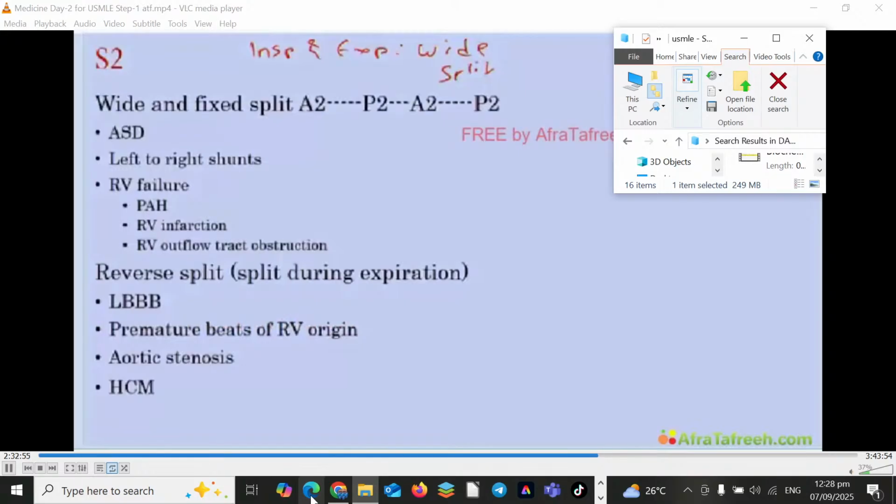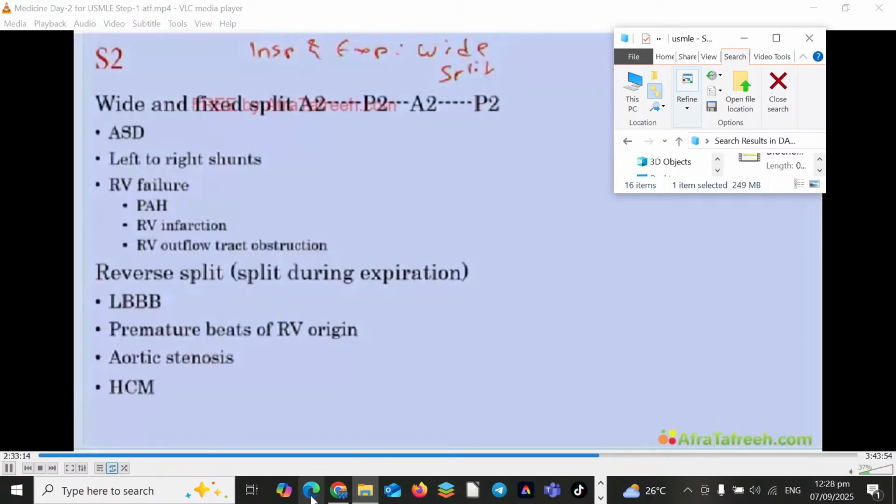Getting it? The sounds are increasing in duration. The difference is increasing in duration. This is called a wide and variable split.